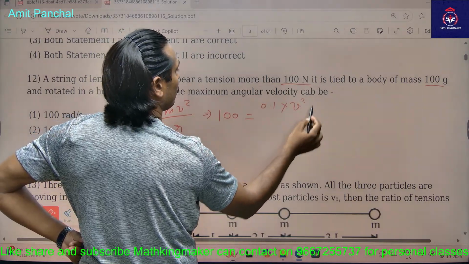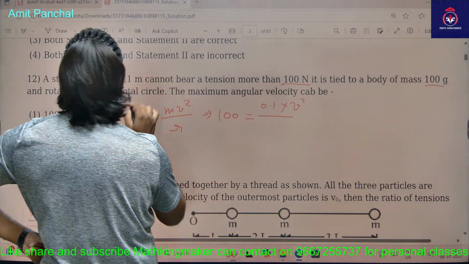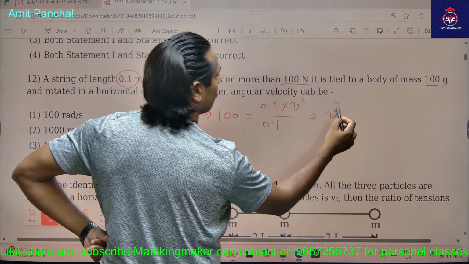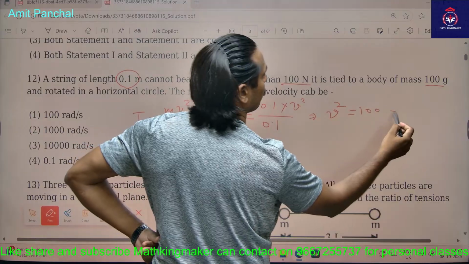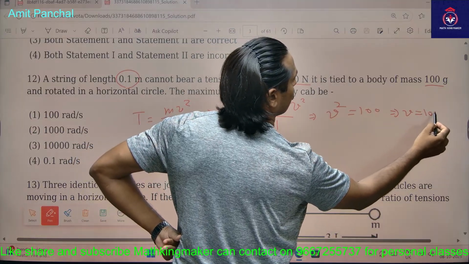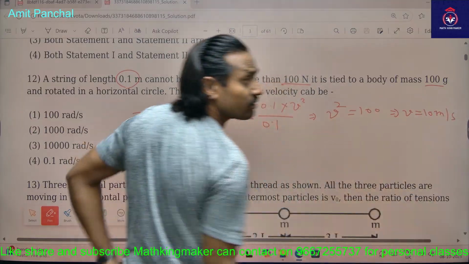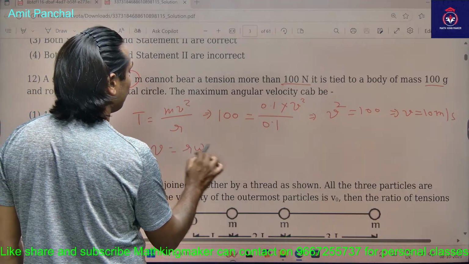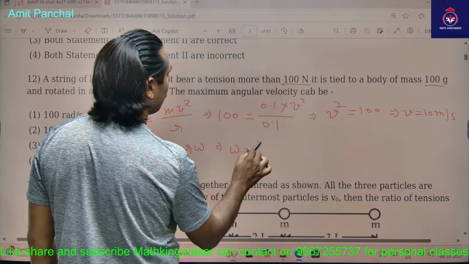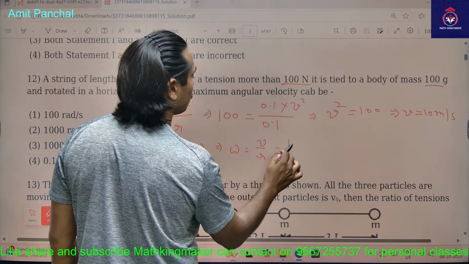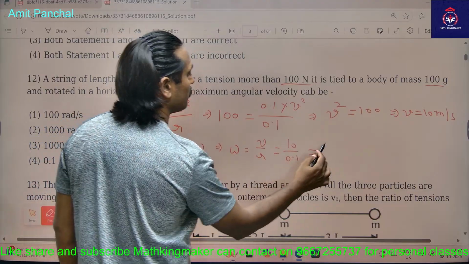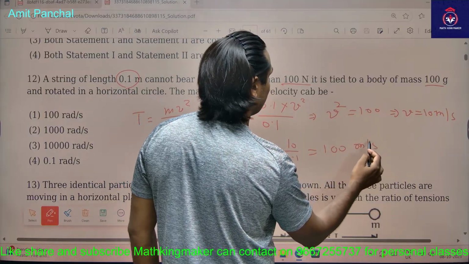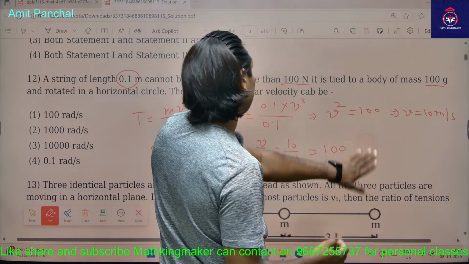V square we don't know, R is 0.1 meter. So V square is 100, so V is 10 meter per second. And we know V is equal to R omega, so omega is V by R. V is 10, R is 0.1, so that is 100 radian per second.